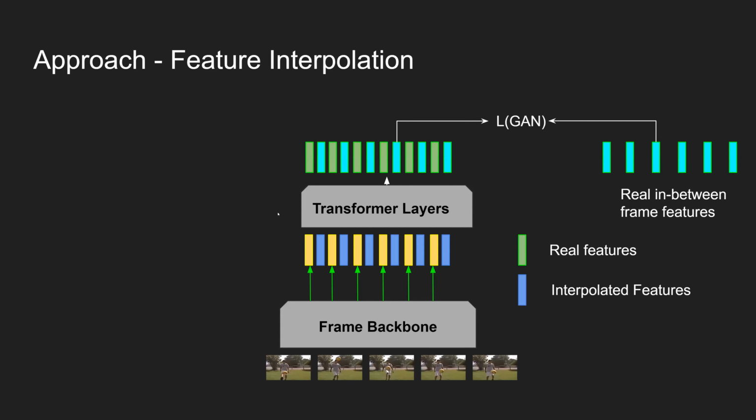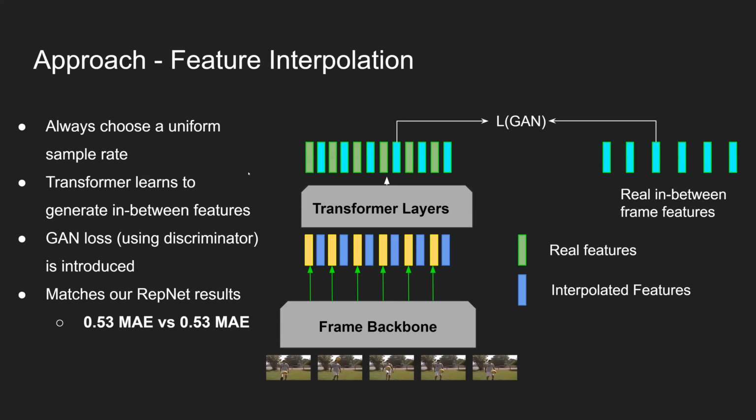So feature interpolation looks like this. We essentially add these tokens between each frame feature, and then we use a transformer to actually turn them into actual frame features. And then we have a discriminator create a loss from the real in between features.